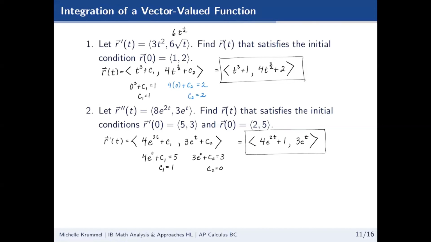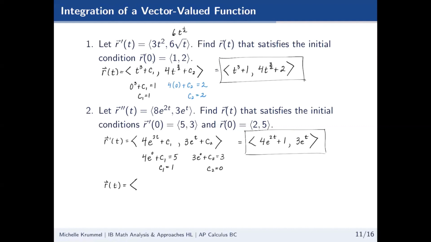Okay, so that's our r prime of t. Now we need to keep going because we're looking for r of t. So now we have to integrate this one, giving us vector r of t equal to, we integrate 4e to the 2t plus 1. So again, we can do that mental u sub here, since the derivative of our u, the 2t, is constant.